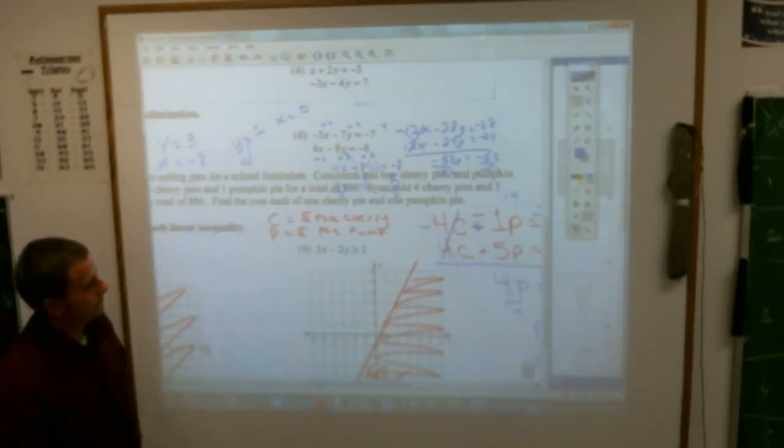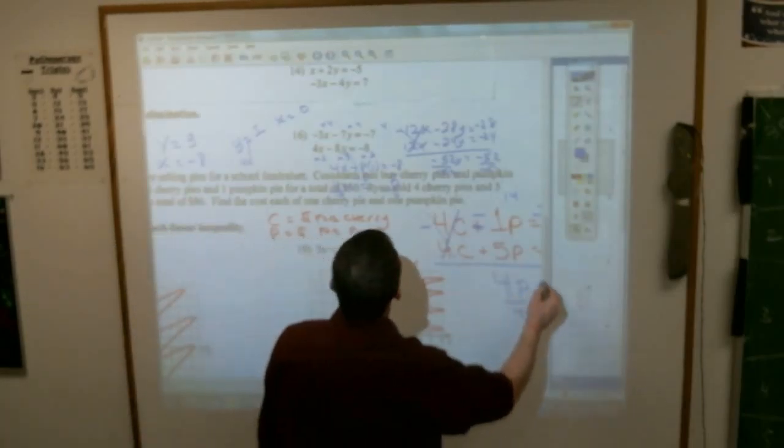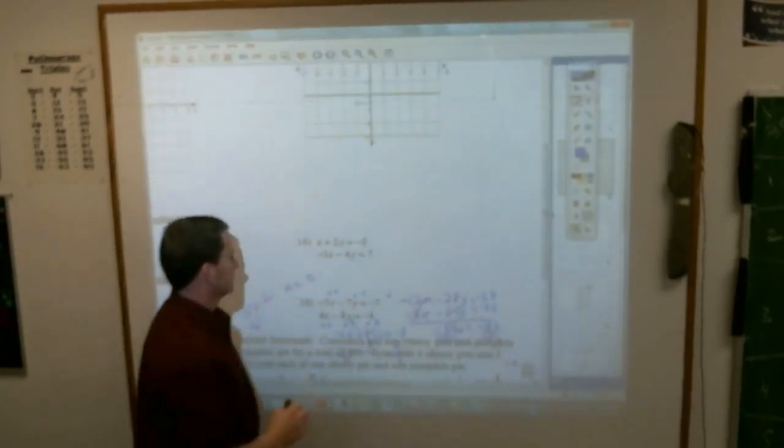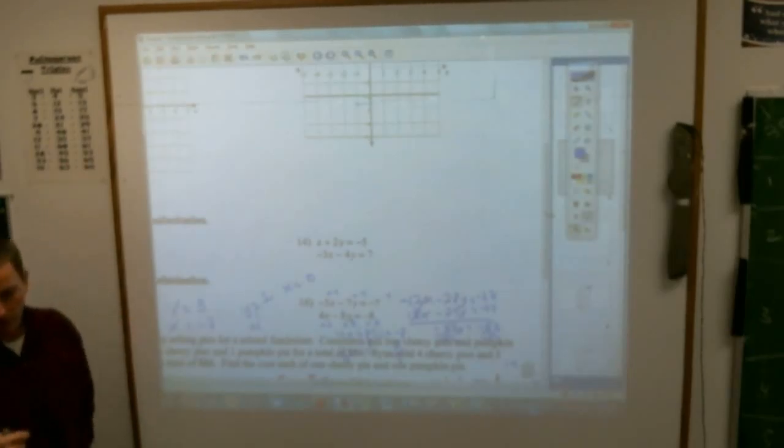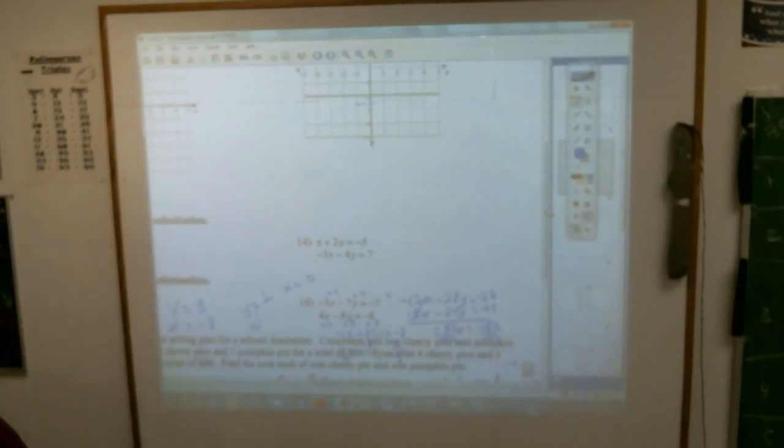Number 14. This one's by substitution, kids, and unfortunately, let me look on tomorrow's test and see if that's going to be the case tomorrow. You would look at that and say, boy, I wish we could solve that by elimination. Yep, tomorrow's test may be the same problem.